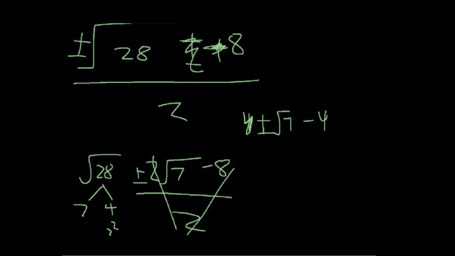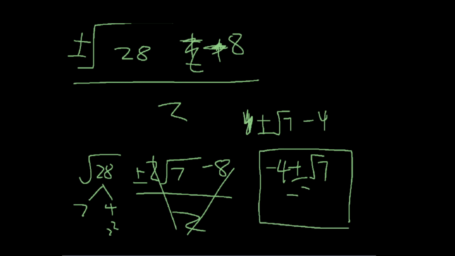Therefore, the answer is negative 4 plus or minus square root 7, and 3.